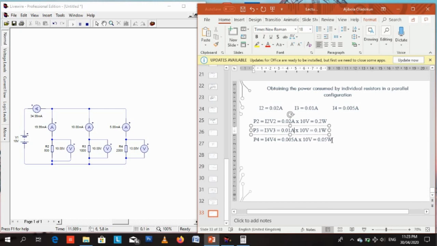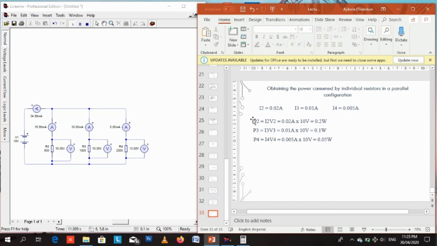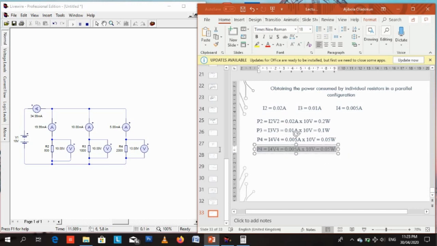P2 consumes 0.2 watts, P3 consumes 0.1 watts, and P4 consumes 0.05 watts. So the power consumed by each resistor has been determined.